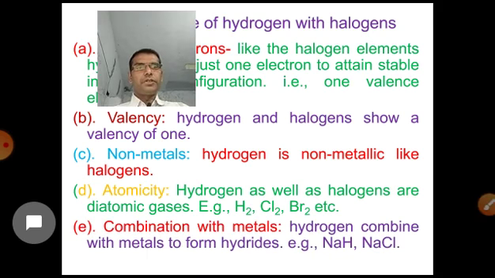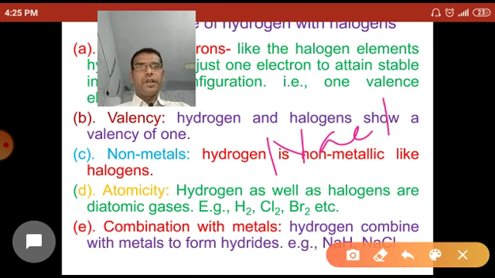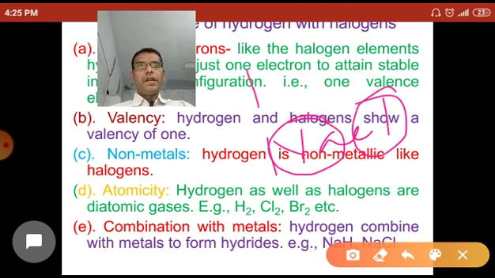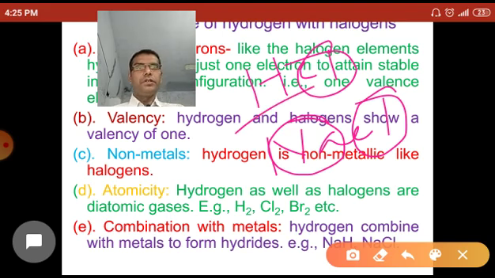Combination with metals: halogens combine with metals and hydrogen also combines with metals. For example in NaCl, the halogen Cl combines with the metal Na. In HCl, chlorine is a halogen that combines with hydrogen.